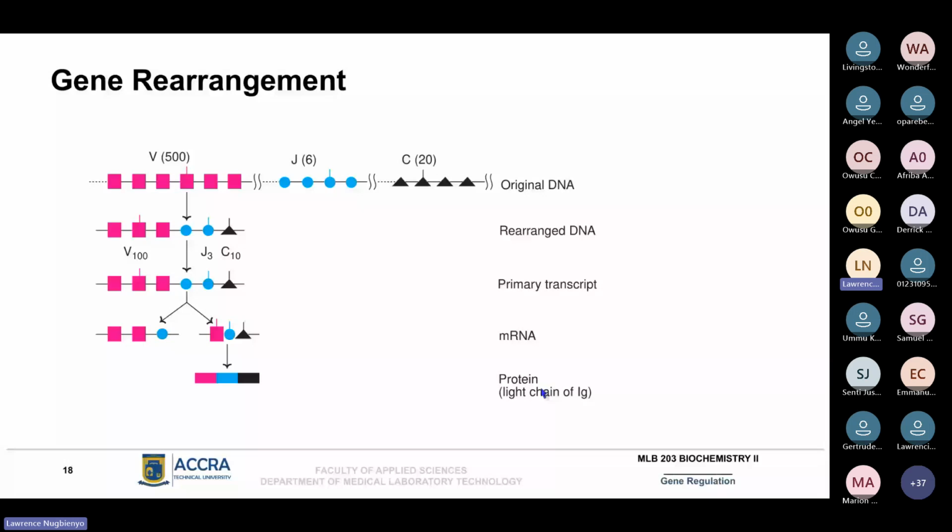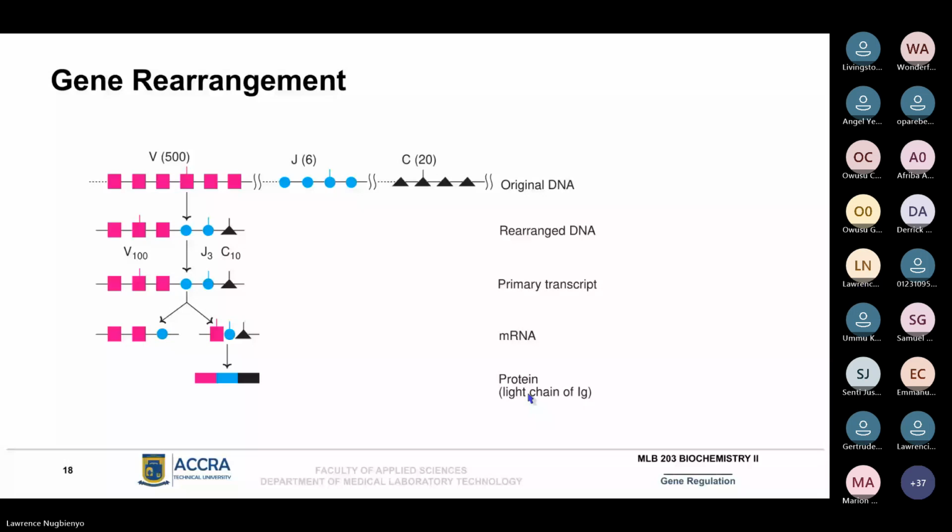All right, so you see the gene, first of all, there is that rearrangement of it before it gets transcribed into a messenger RNA. And then from that messenger RNA, you have the protein, which is an immunoglobulin.